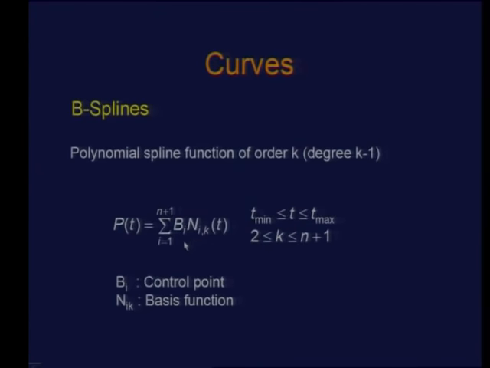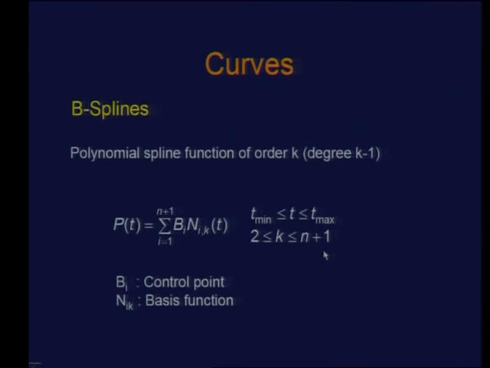We also, so the polynomial spline function which is used as a basis for B splines is basically defined as these N_i,k's, where k is the order of the curve. So, therefore, it ranges from 2 to n plus 1, where n plus 1 is the number of control points you specify, right.